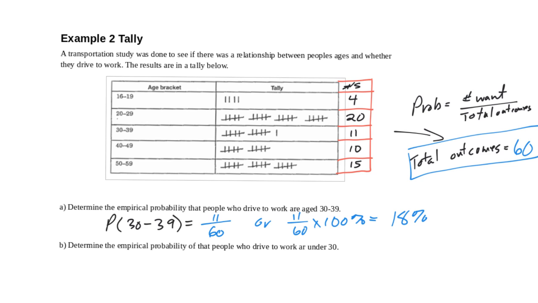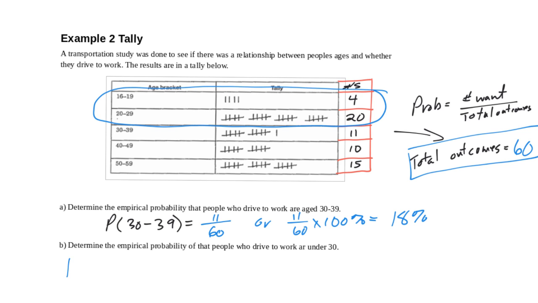And so now let's do the last one, where we have to determine the probability that people who drive to work are under 30. Anybody who's under 30 is in this section here, because we go up to 29, so 16 to 29. We have to total each group.